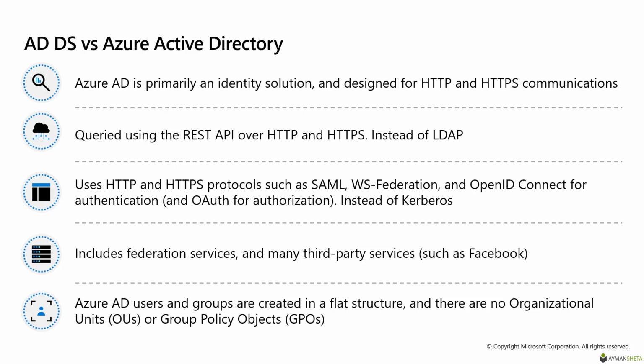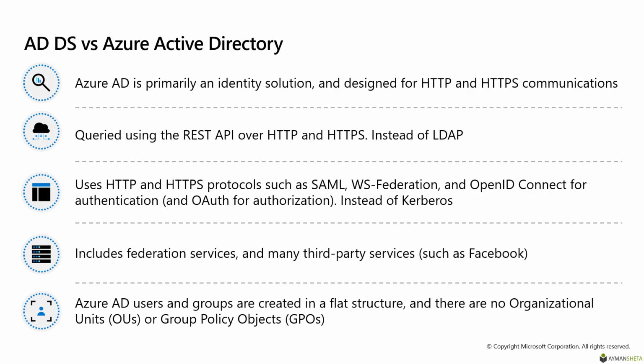Mostly, Active Directory Domain Service is a directory service which has many different types of components and technologies used, for example, Active Directory Certification Service, Active Directory Lightweight Directory Service, Active Directory Federation Service, and Rights Management Service. Let's go through the difference between Azure AD and Active Directory Domain Service.